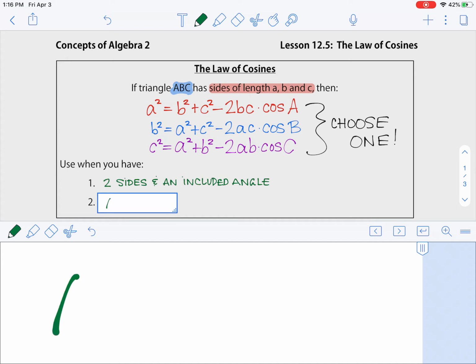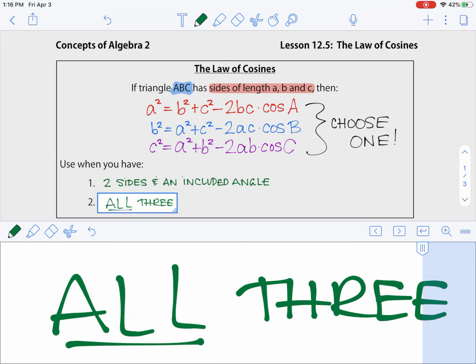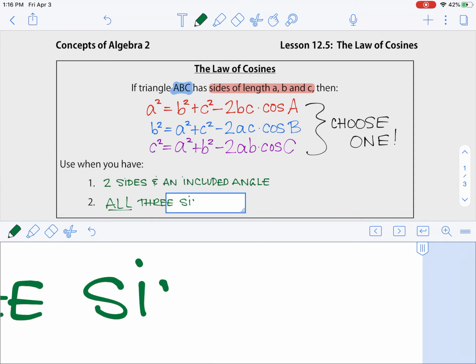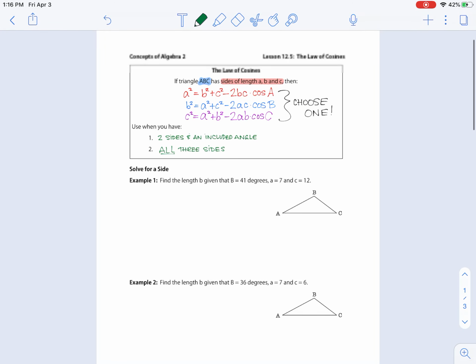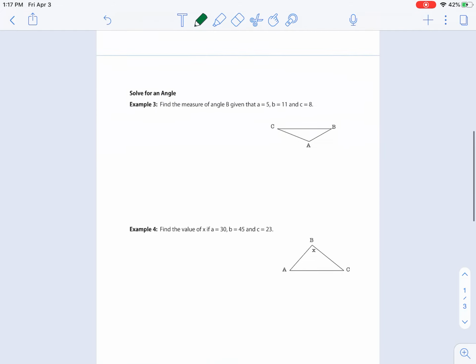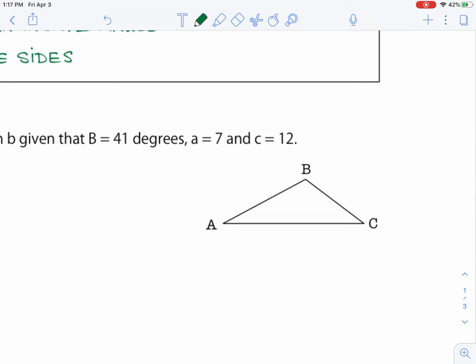The law of cosines is also helpful when you know all three side lengths, or just sides. So first we're going to focus on how to find a missing side. Then I'm going to record a separate video to assist us on how to find a missing angle. So let's start with our sides.